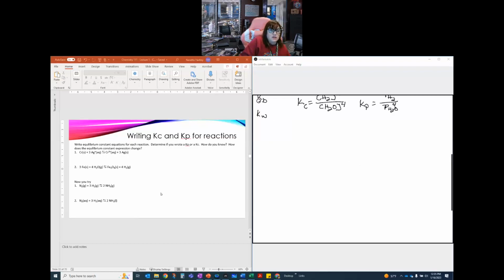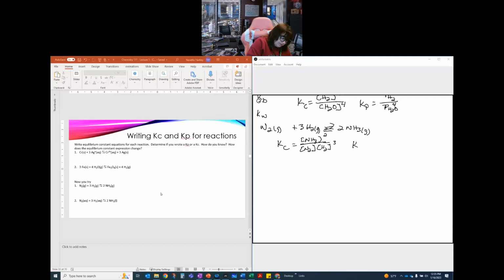Now, we have two more that I want us to take a look at. We have N2 gas plus 3H2 gas going to 2NH3, and that's also a gas. Okay, well, we've written a Kc for this before, and that was NH3 squared over N2 times H2 cubed.